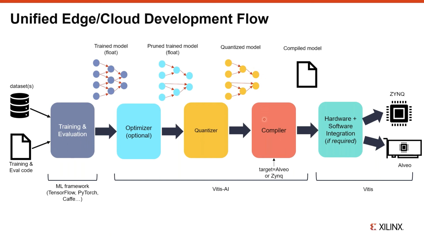Then that is compiled, and the compiler basically breaks down the quantized model into a set of instructions and data, okay? And those instructions and data end up in a compiled model file. Now, in the case of our Alveo cards, that's got an .xmodel extension.